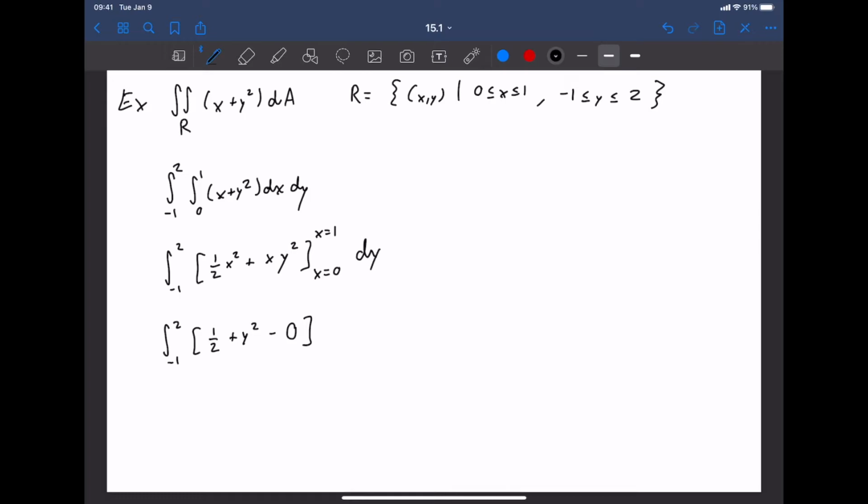Now, if I want to integrate this with respect to y, okay, so we're just going to go right back to 1D, one variable, constant times y plus 1/3 y cubed, evaluating from y equals -1 to y equals 2. So that'll be 2/2 plus 8/3 minus, parentheses, be careful, -1/2 minus 1/3.